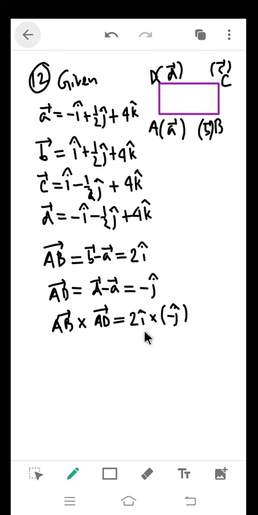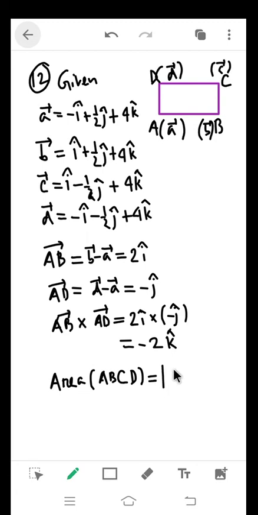तो ये तो बहुत सिंपल सा कैलकुलेशन होगा. तो कितना होगा? I cross j, minus 2 बाहर आएगा. I cross j means what? You know that this is k. So now you just go for the area. तो एरिया का फॉर्मूला क्या था? Area of rectangle ABCD, by formula, is modulus of AB cross AD.